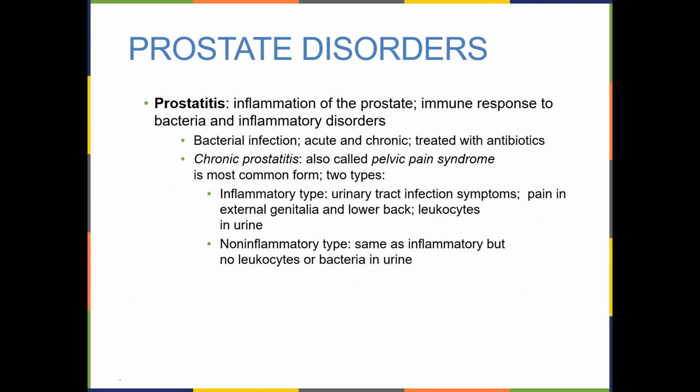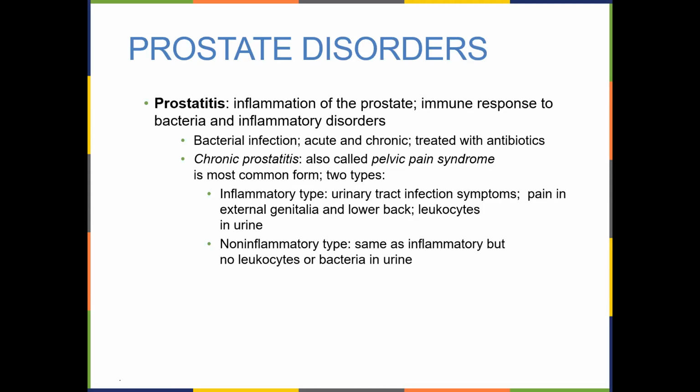Okay. Problems with the prostate. Prostatitis is a bacterial inflammation of the prostate. It can happen. It can be both acute and chronic. It's painful. It requires antibiotics to treat. It can occur through the urinary tract.